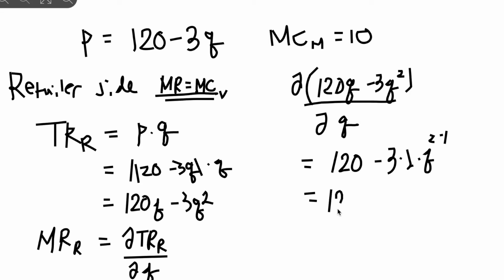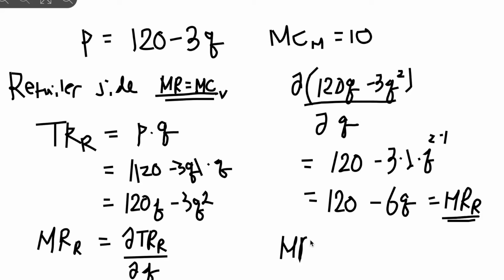So we get 120 minus 6Q, and that's equal to our marginal revenue of the retailer. Now we want to set this marginal revenue of the retailer equal to the marginal cost of the retailer, as in solving the monopoly problem, and we get that as 120 minus 6Q.